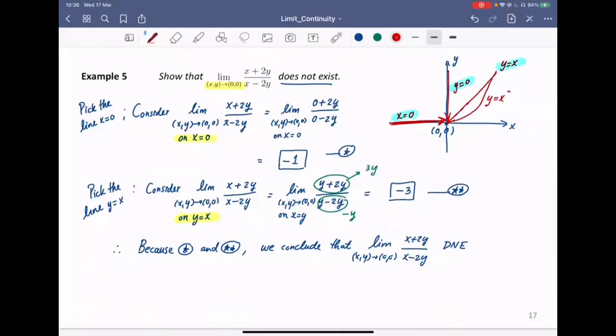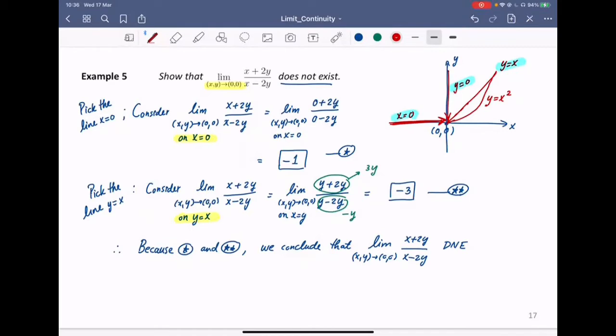You can pick y equal to x squared or something. You can pick y equal to x cubed or whatever. But as long as you pick a curve that passes through the point (0, 0), I mean approaches the origin, you will be fine. Does it make sense? Any curve that approaches (0, 0), you are good.